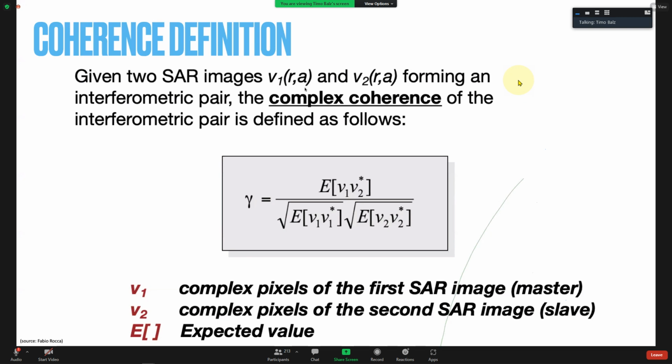So we have a rather sensitive measurement in this coherence value, and the coherence value is limited between 0 and 1. Okay, so it's between 0 and 1 that you get.